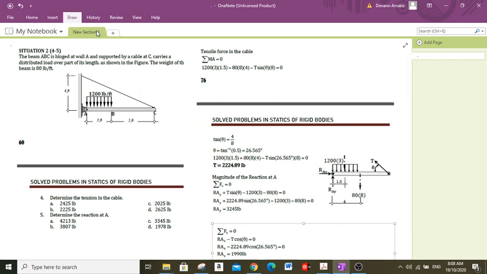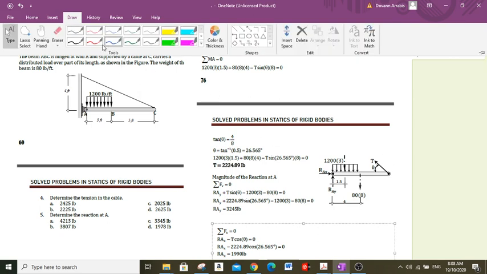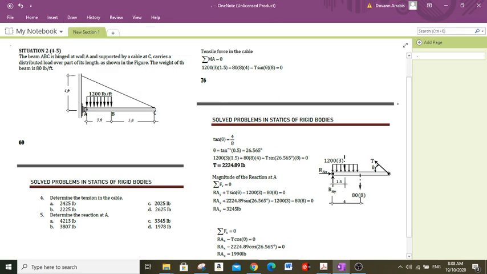We will first resolve this T, or this tensile force, into components. This is Ty and this is Tx.